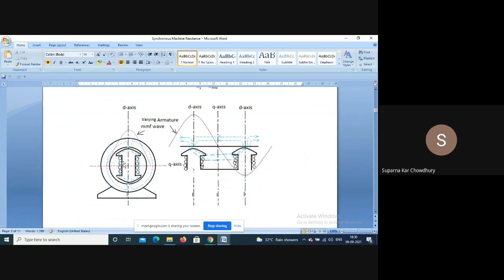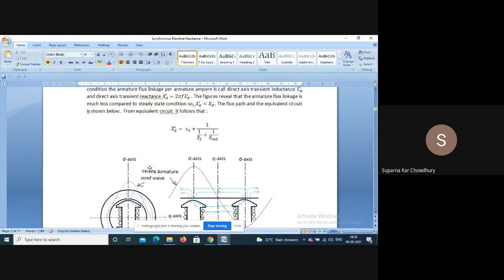Considering that the initial linkage was zero, it will try to keep that. So the flux will not go through the rotor body, it will go like this. In the rotor body the flux linkage remains zero, as it was previously. So this will be the approximate flux distribution.